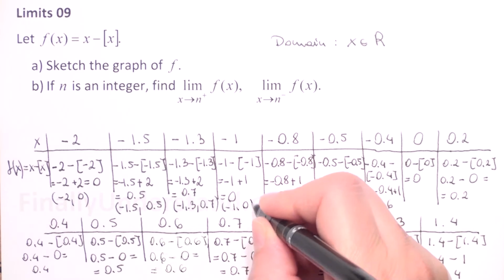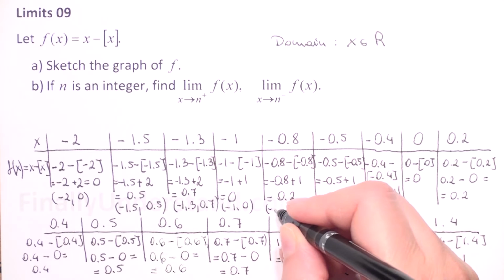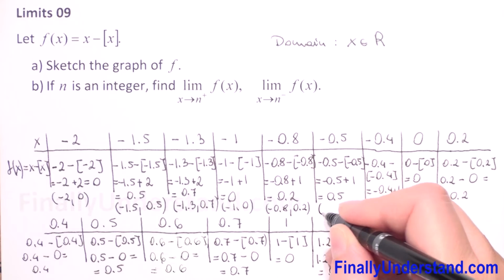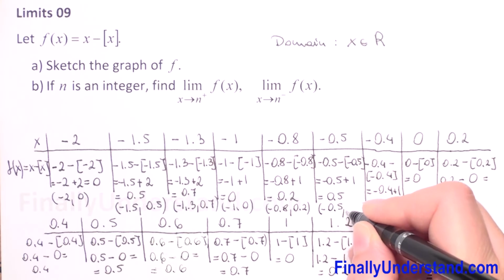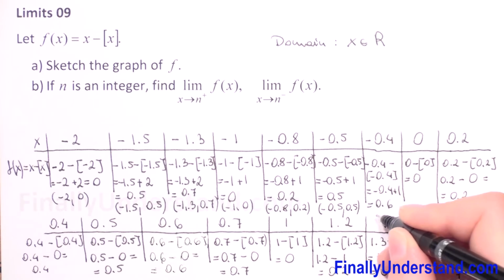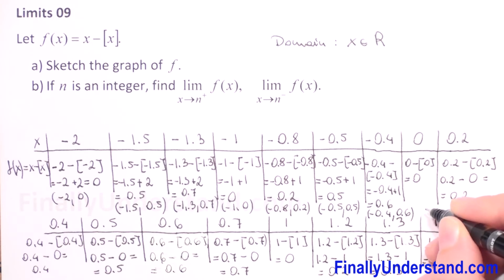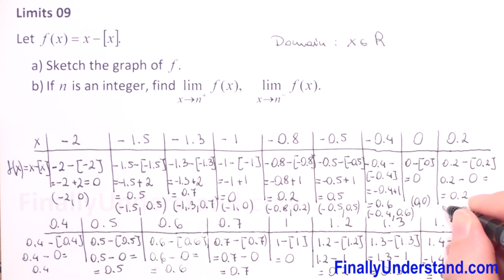-1, 0; -0.8, 0.2; -0.5, 0.5; -0.4, 0.6. Next we have 0, 0, and 0.2, 0.2.